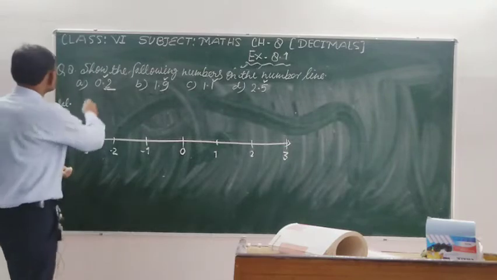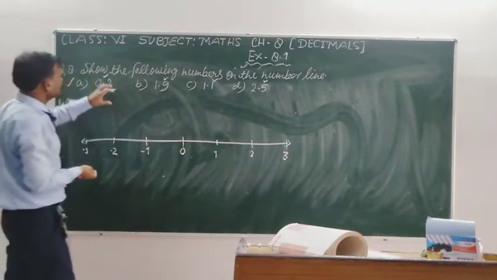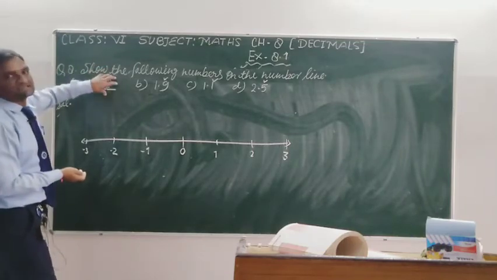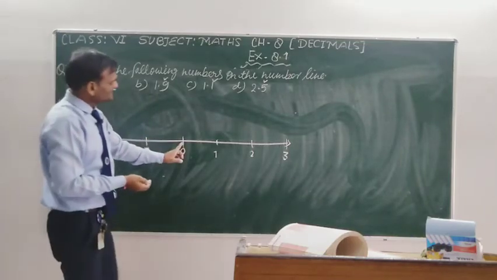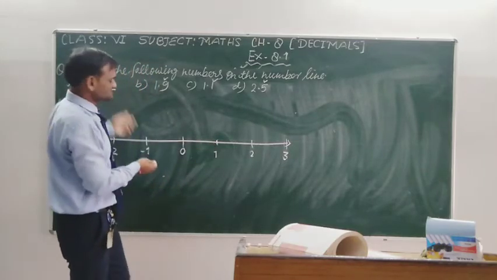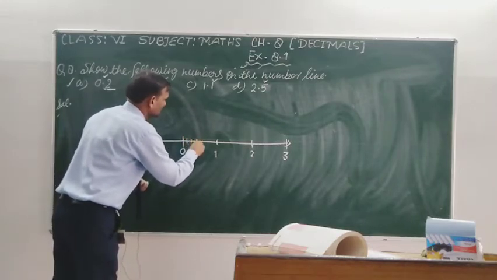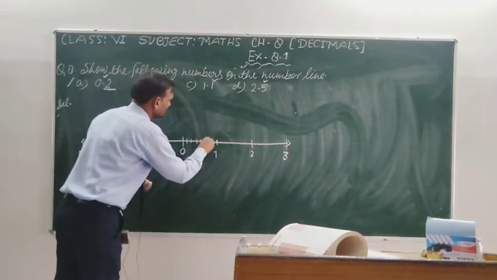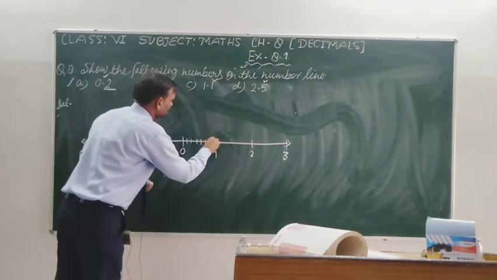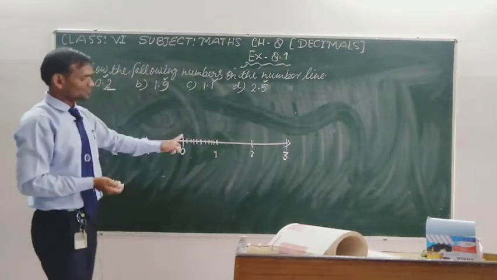But student, in this question you are seeing that all decimal numbers belong only to the 10th place. So we divide the distance between two whole numbers into 10 parts. Like this: 1, 2, 3, 4, 5, 6, 7, 8, 9 and 10. Now count it.